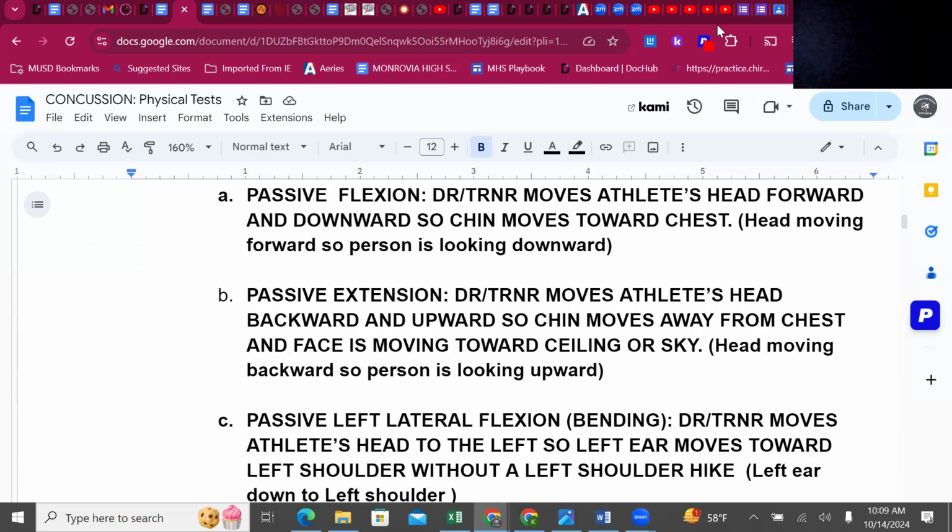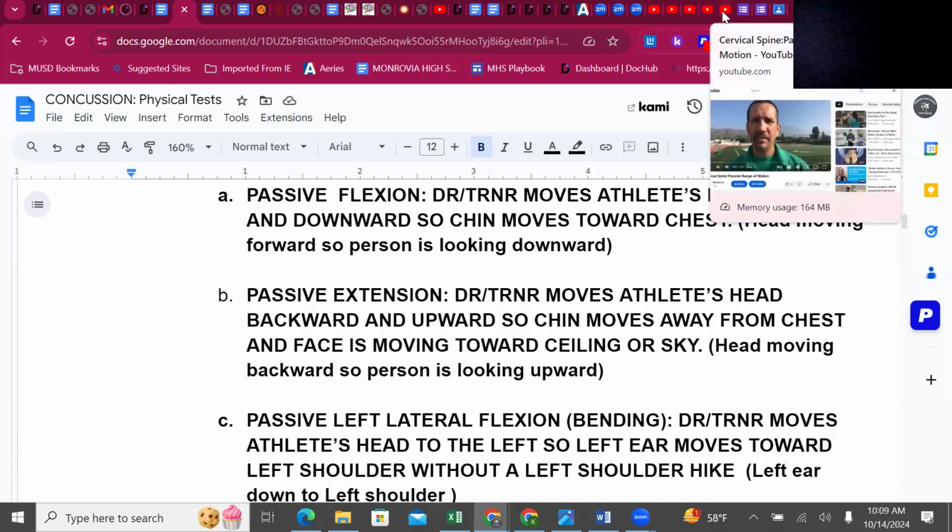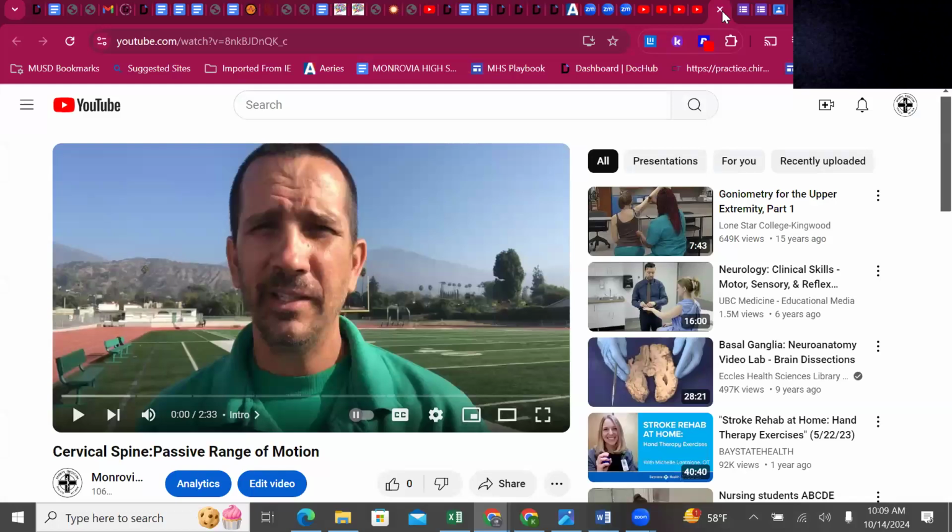So let me show you what the passive range of motion looks like of the cervical spine.